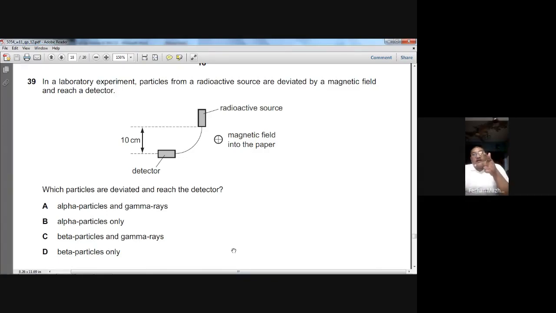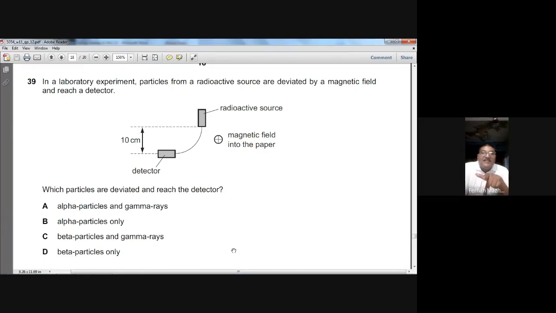Okay. So the magnetic field was into the page. The charges were going downward. My thumb points towards the right. But the charged particles deflected to the left.